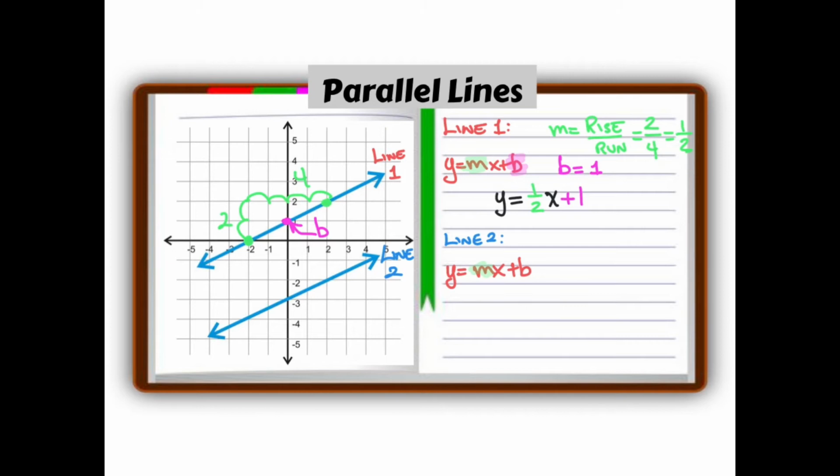And still, we're going to find our slope doing rise over run. In this case, we go from this point to this point right here. So my rise is 1 and my run is 2. So rise over run, 1/2.